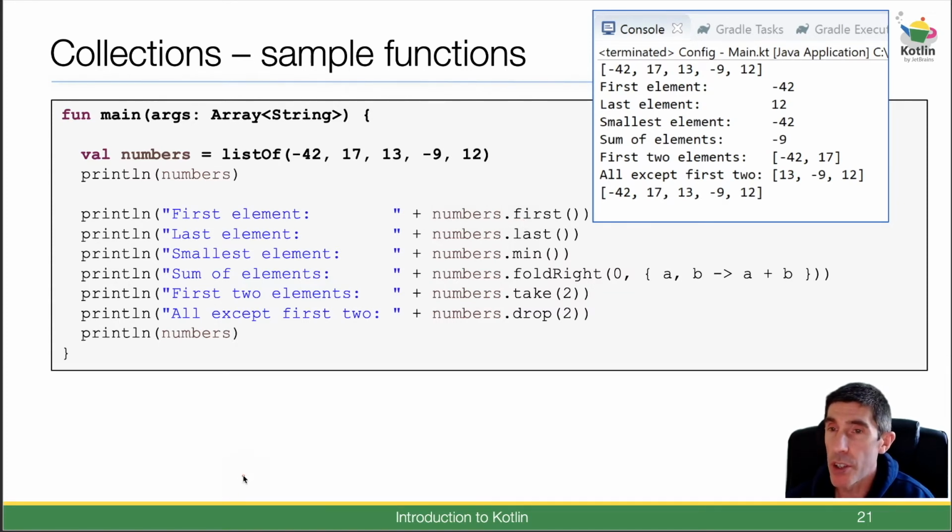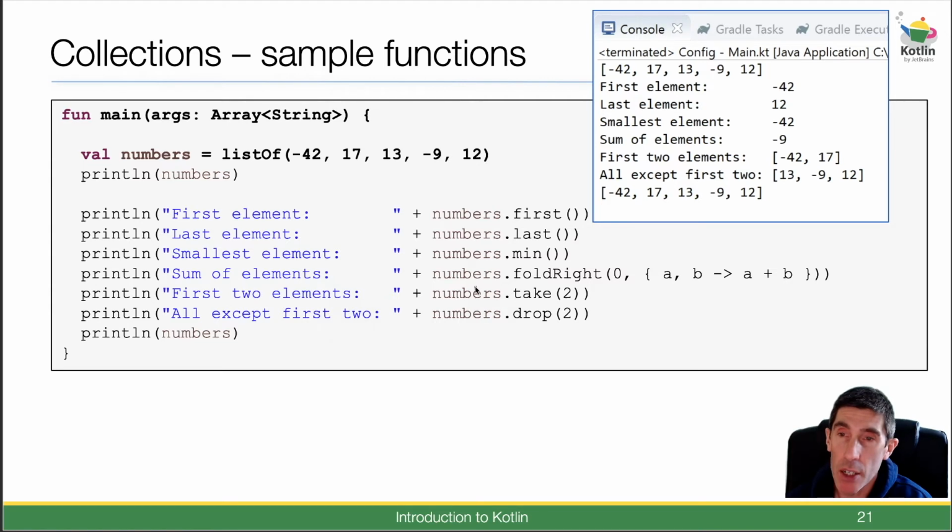We have our dot first, dot last, dot min, and dot foldRight, which lets us carry out a little block of code on it. We're starting at 0, and it sums up all the elements, a and b, as it goes from left to right. So foldRight starts at 0, takes each element and adds a and b, cycling through each of the elements and adding them up.